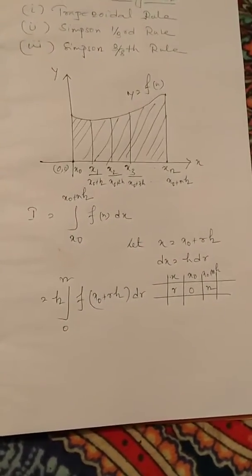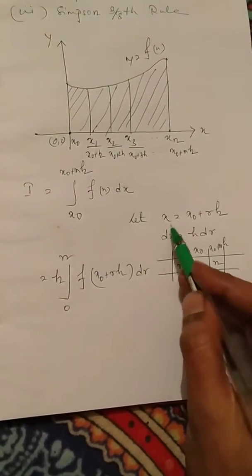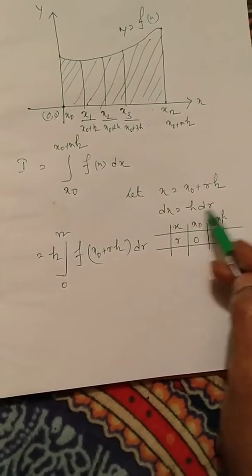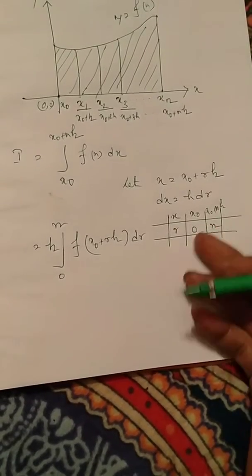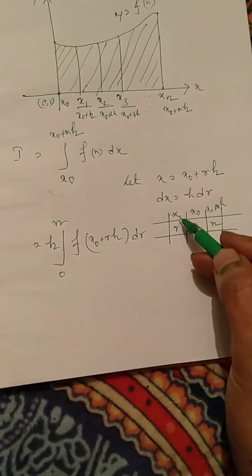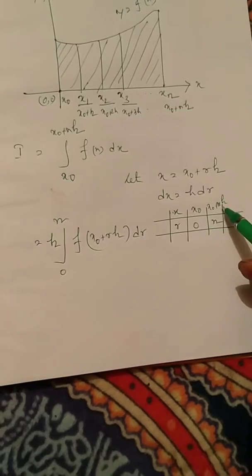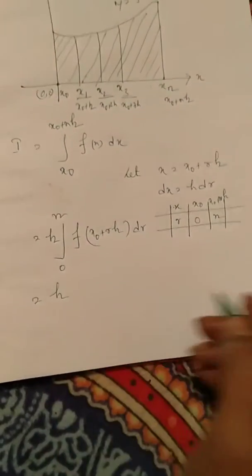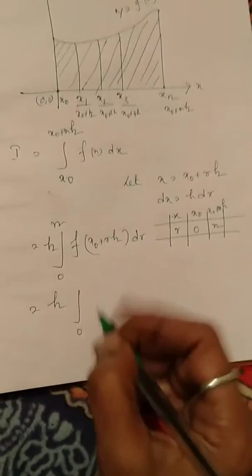Friends, we are substituting x equals x0 plus rh, so differentiating x, that is dx equals h dr, and the value of the limit will be changed. When x equals x0, r will be 0, and when x equals x0 plus nh, r will be n. Now we are using Newton's forward interpolation formula. So this is from 0 to n.